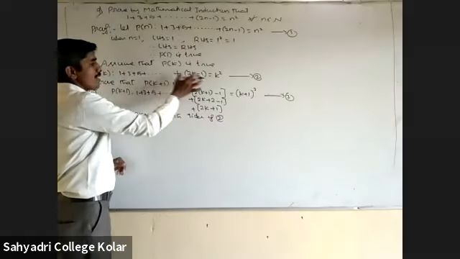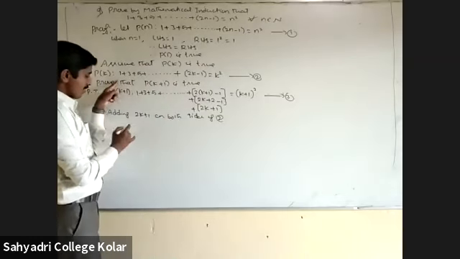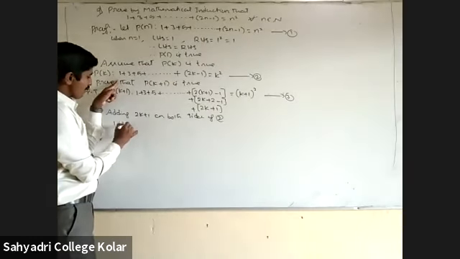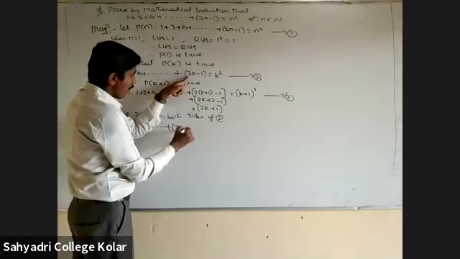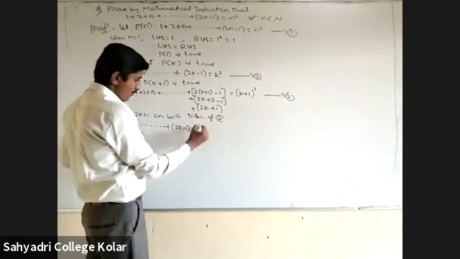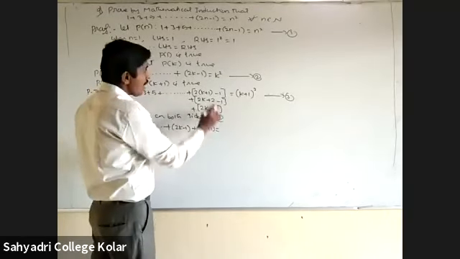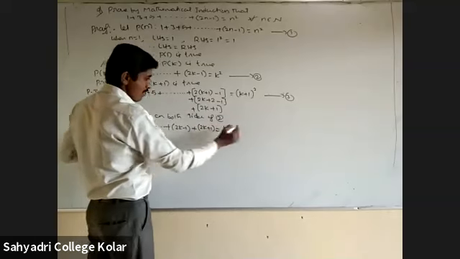Equation 2, LHS and RHS, add this term on both sides. LHS: 1 plus 3 plus 5 plus so on plus 2k minus 1 plus, I am adding this term, 2k plus 1. Next RHS: k square, adding 2k plus 1.